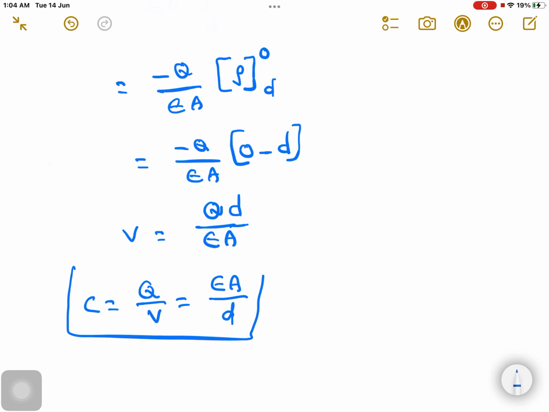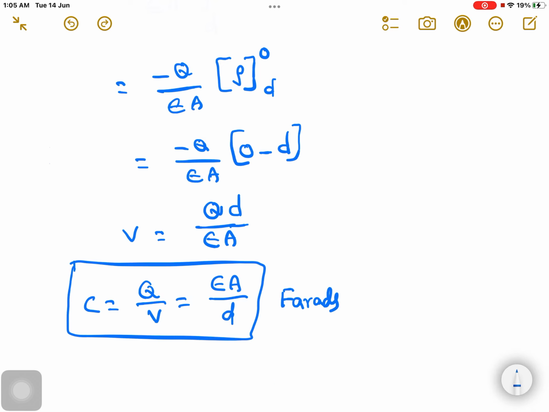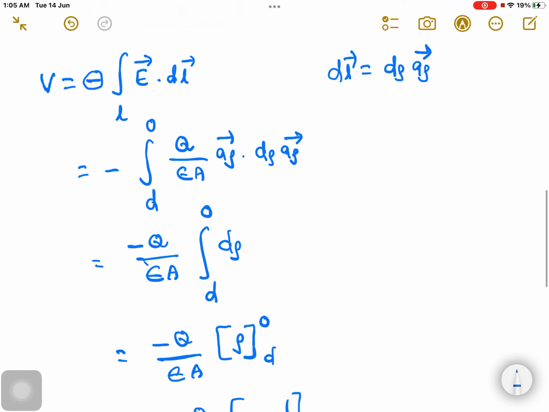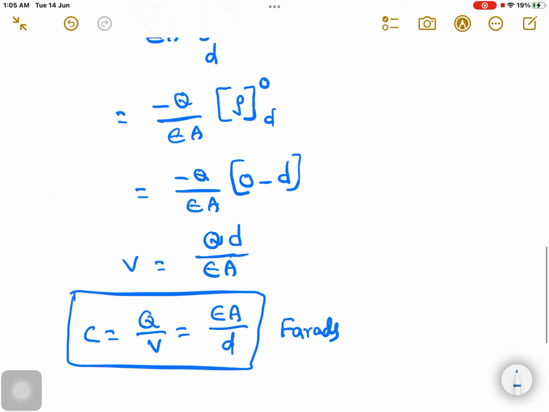This is the capacitance of a parallel plate arrangement, which is measured in farads. So like this we can find the capacitance in terms of field components, that is Q using Gauss law and V using the relation between E bar and V, very easily in field theory than circuit theory.